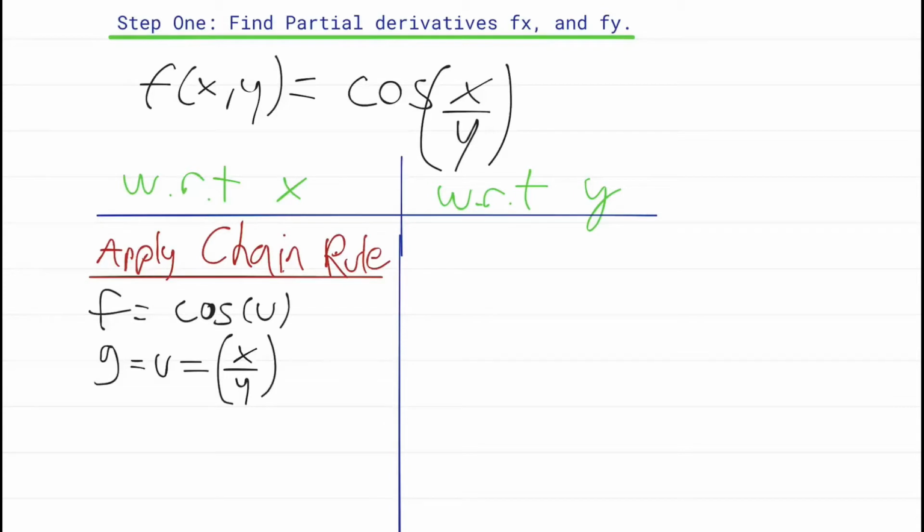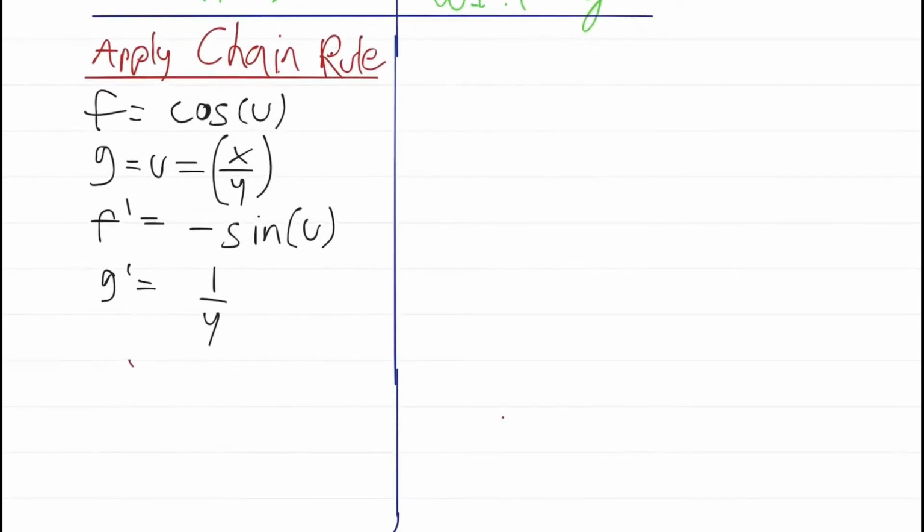Our f prime, the derivative of cosine, would be negative sine of u. And g prime with respect to x: the constant 1 over y remains, but the x goes to 1.